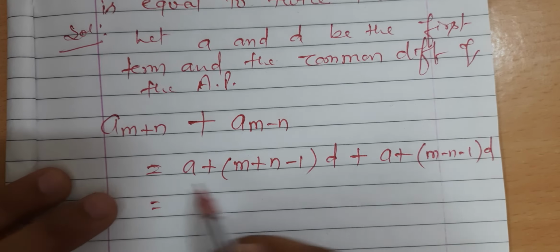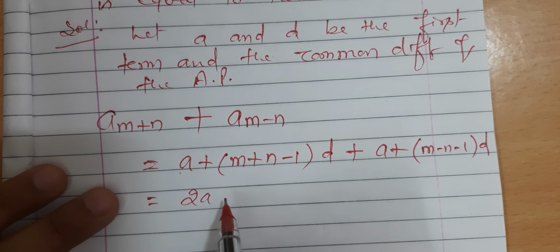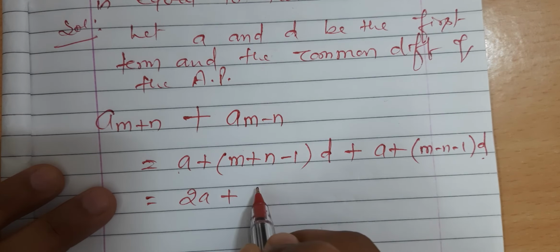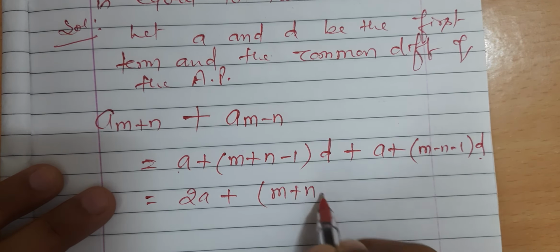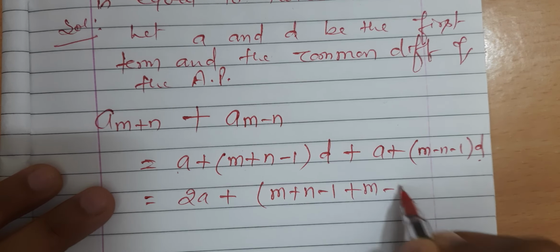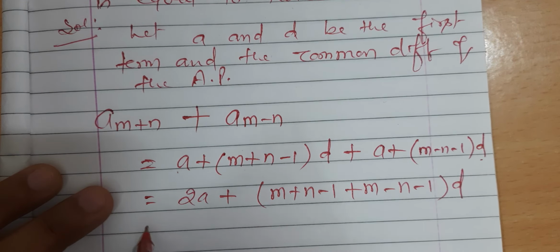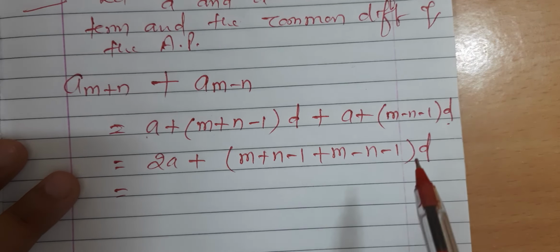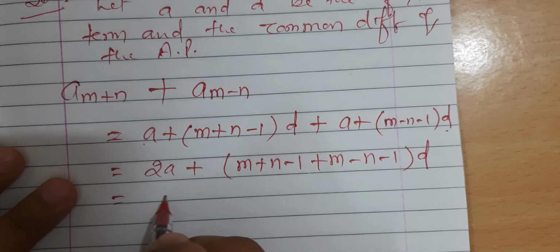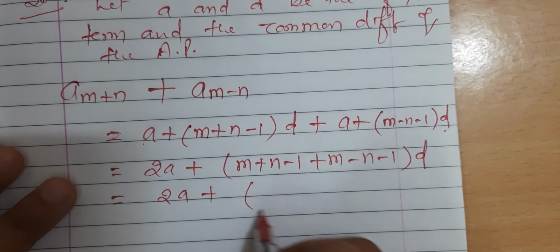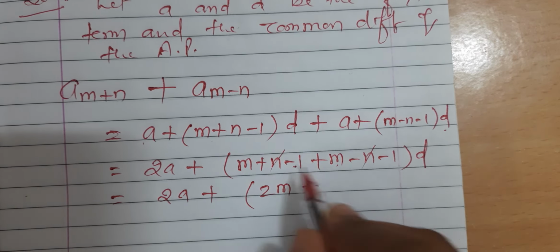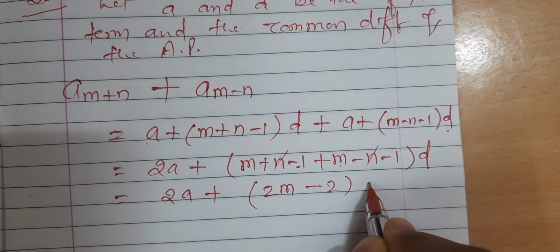So now we will simplify a plus a to 2a, and if you take d common, then in the bracket you will get m plus n minus 1 plus m minus n minus 1, and d. Okay, so now we can add this m and m to 2m, this n and n will cancel out, and minus 1 minus 1 is minus 2.